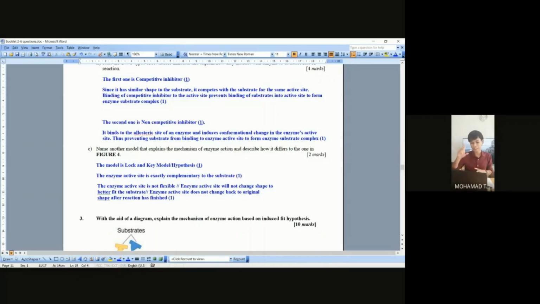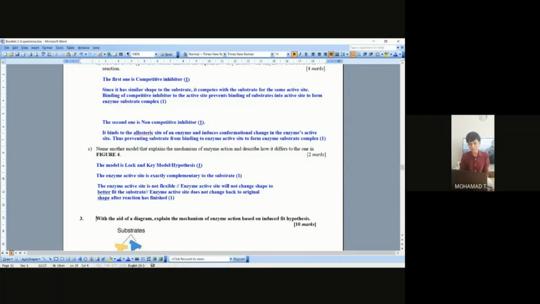Okay, so yang penting kena tulis dulu model dia adalah lock and key model, 1 mark, and then satu lagi markah untuk penerangan. Okay, so penerangan yang paling simple untuk diingat adalah the enzyme active site is exactly complementary to the substrate. But there are also other comparison that you can compare.